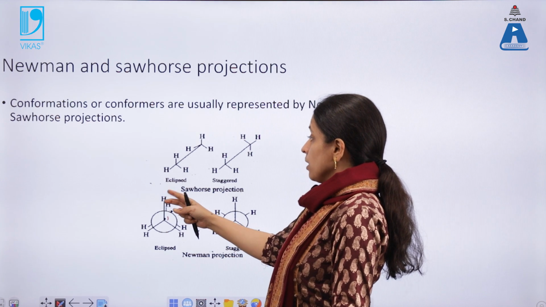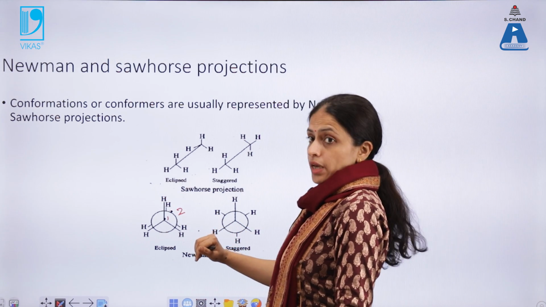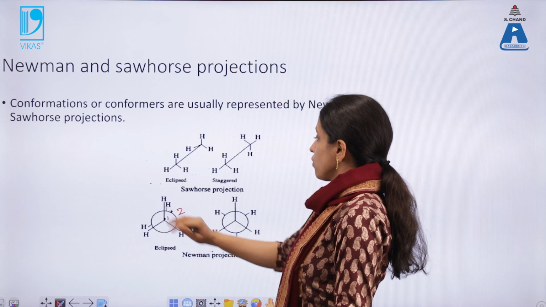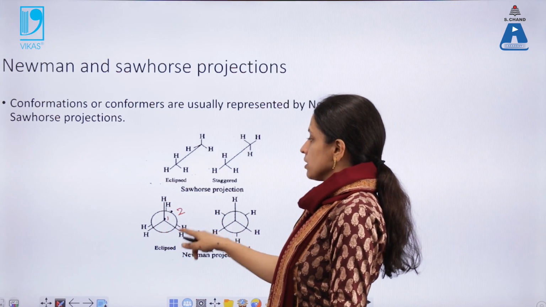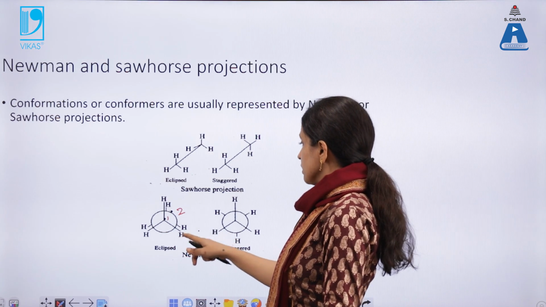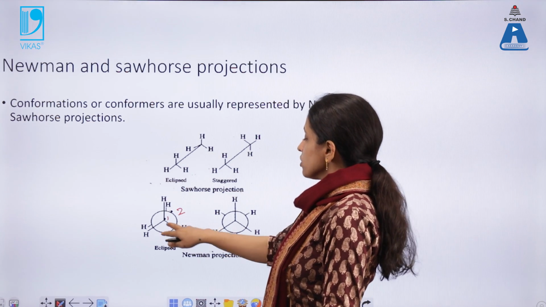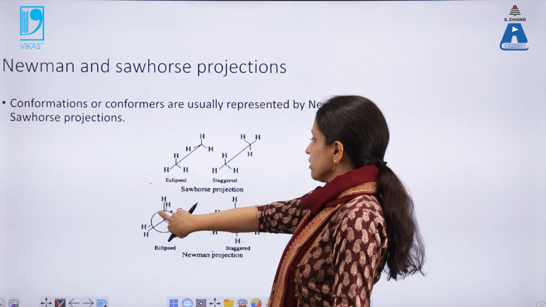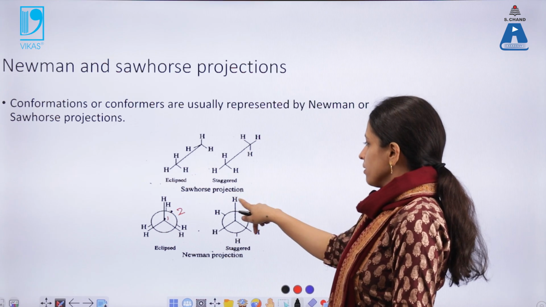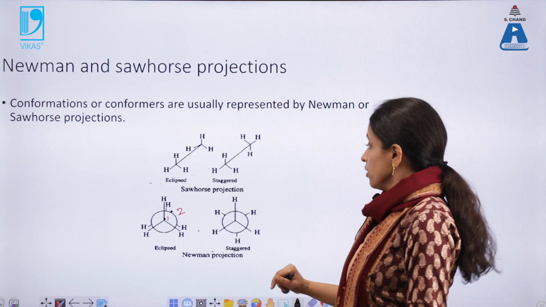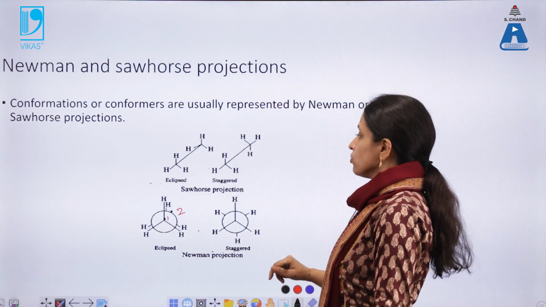So there must be a major interaction between the hydrogens in this formation. If you keep C1 fixed and rotate the second carbon atom by 60 degrees, then you can see there is minimum interaction between the hydrogens on C1 and C2.